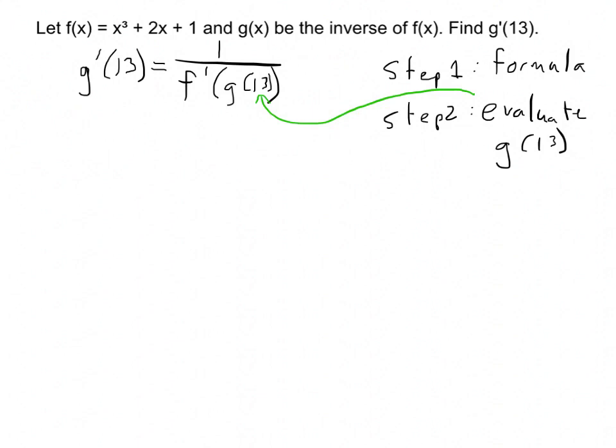As we talked about in a previous lesson, plugging 13 into the inverse is the same as getting 13 back from the original function. So when I ask what is g of 13, that's effectively the same as asking when is the function equal to 13.